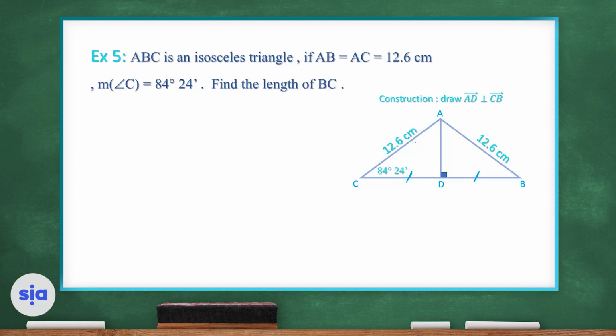Using the given angle, which is angle C, and the given side, which is AC, we can easily find the length of CD. As you can see here, cosine the angle is equal to the adjacent, which is CD, over the hypotenuse, which is 12.6. So CD equals 12.6 multiplied by cosine the angle.